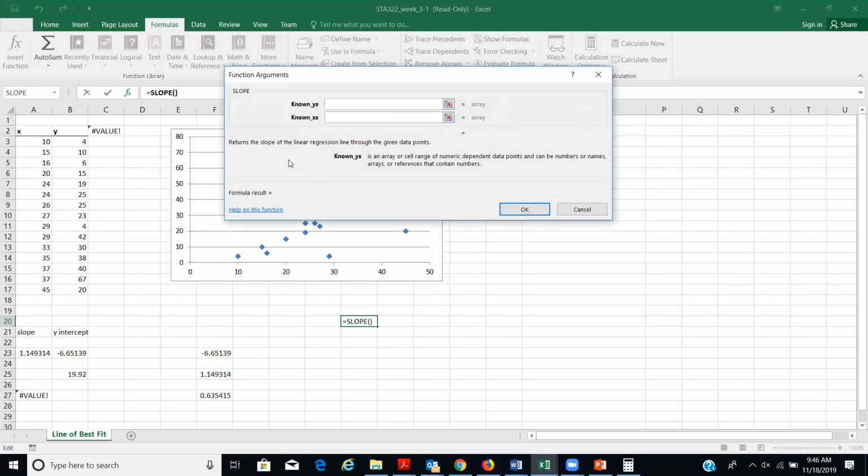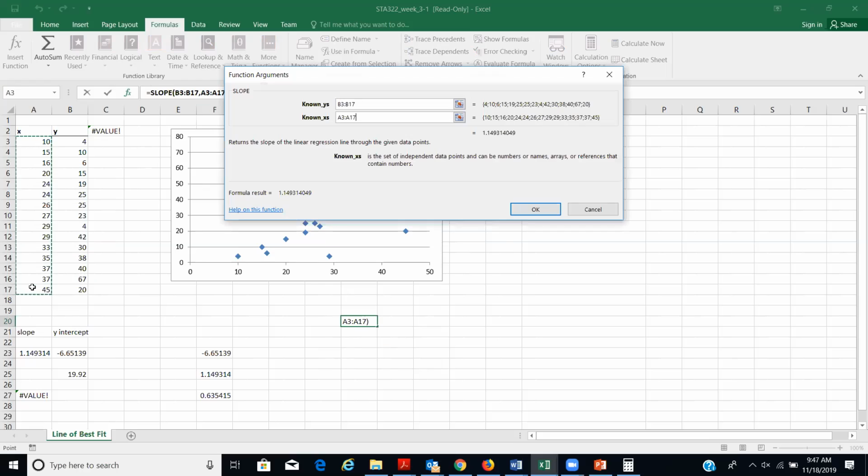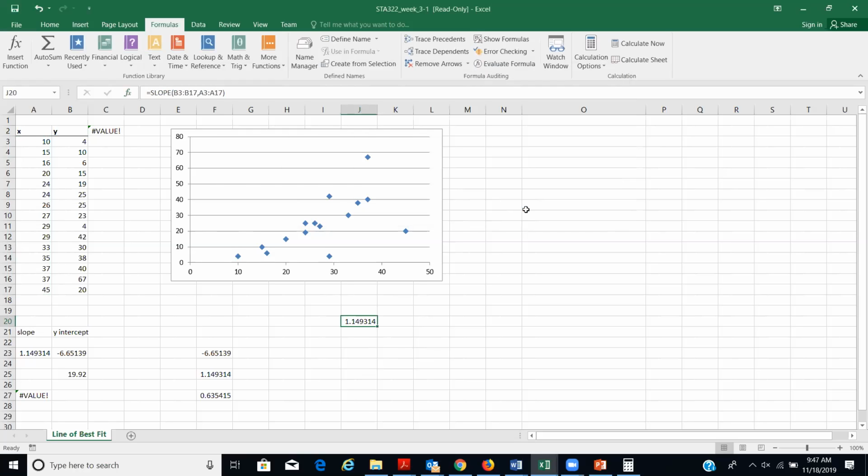And the beauty of Excel, so these are the known values of Y. So we simply highlight those and plug it in. You can also just type in the range. And the known values of x, give us that. And all we have to do then is click on it. It's already calculated. If you look down here in this corner, here is the result. So we now know that the slope is 1.1, basically 1.15.